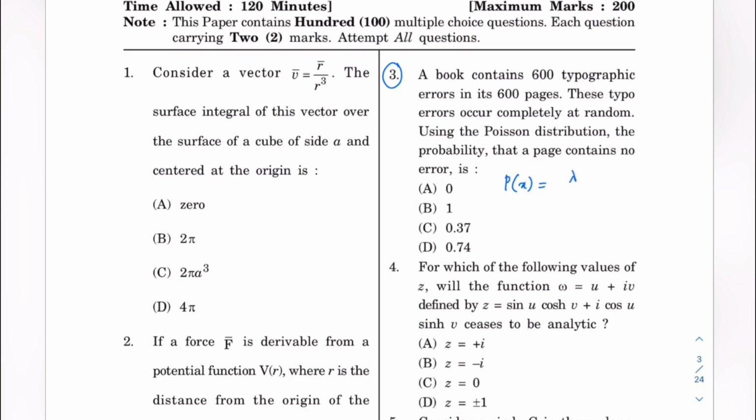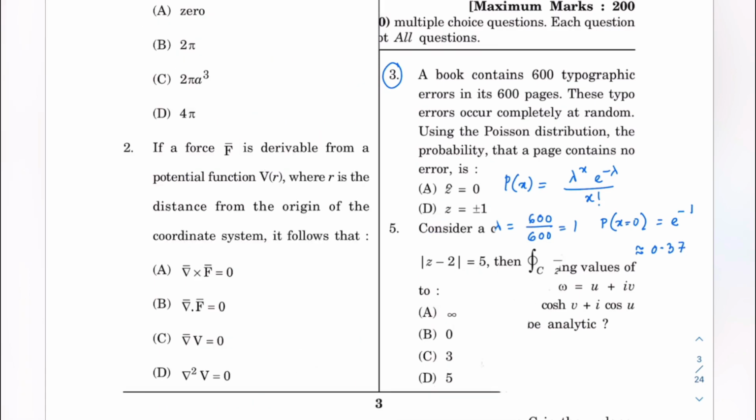It is lambda to the power x e to the power minus lambda divided by x factorial, and lambda is the mean. In this case, this is 600 divided by 600 equal to 1. The page contains 0 errors would be p of x equal to 0, and that is e to the power minus 1. So numerically it is 0.37. So option C is the correct answer.